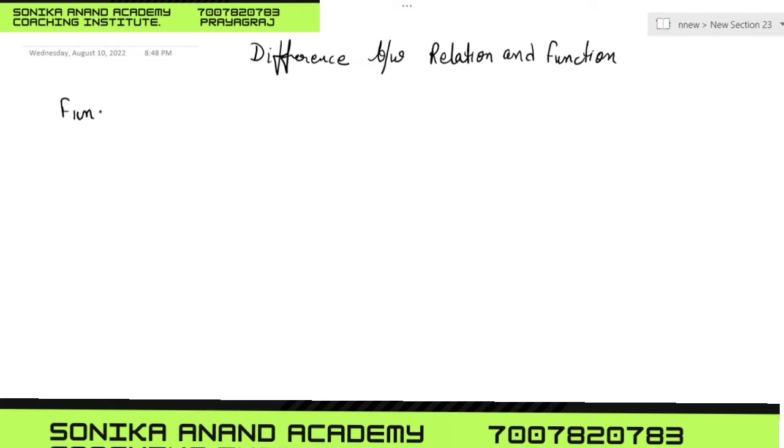It is very helpful in differentiating between function and relation.